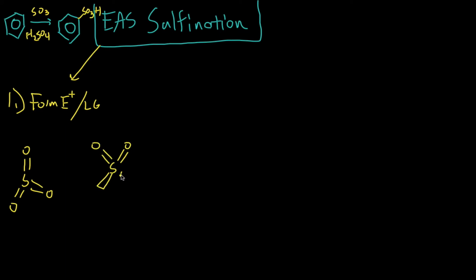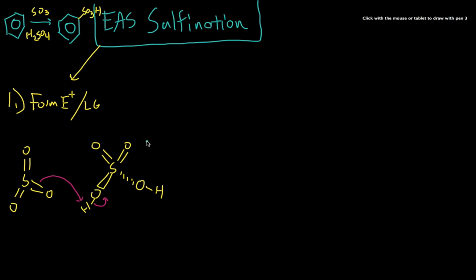I'll draw these with wedges and dashes, with OH there. What happens is that the pi bond of this oxygen is going to attack that proton of the strong acid we're reacting with, the classical deprotonation reaction.